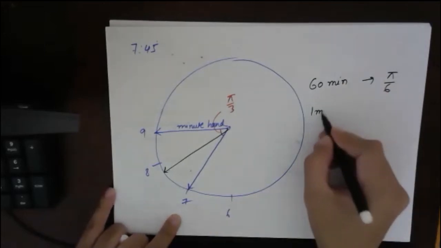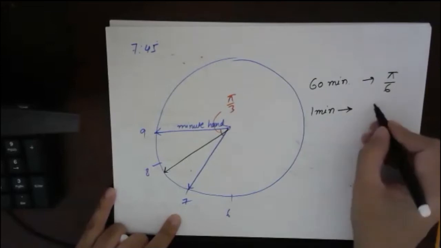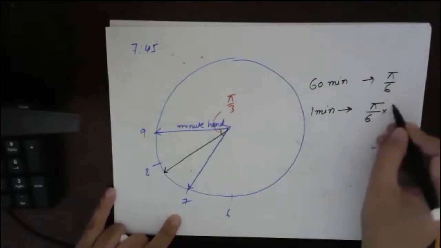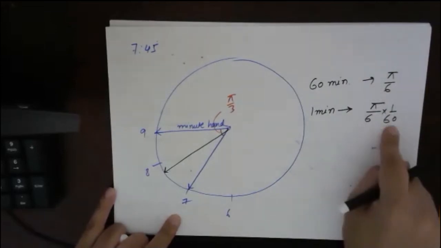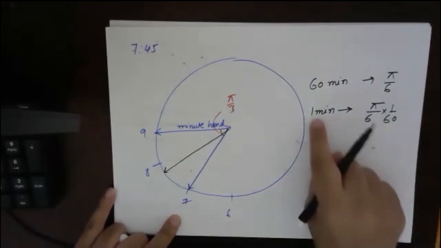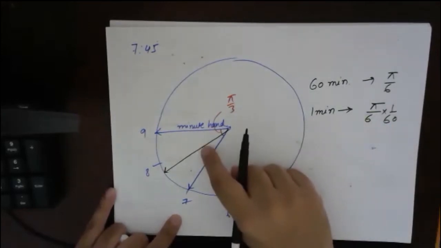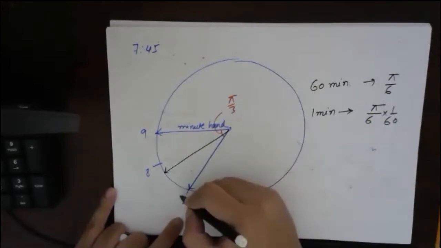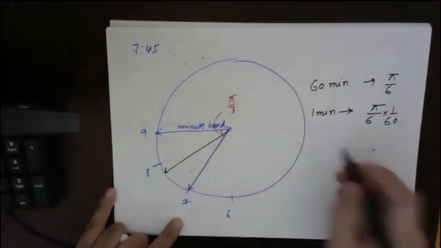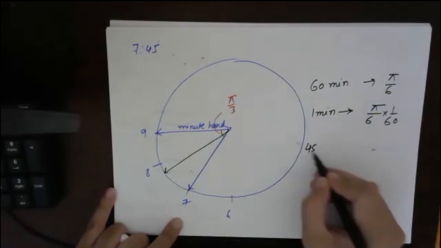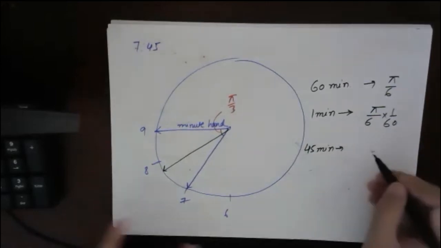So in 1 minute, the hour hand will move pi by 6 into 1 by 60. And how much time has passed from here till here? 45 minutes. So in 45 minutes, how much angle will it move?